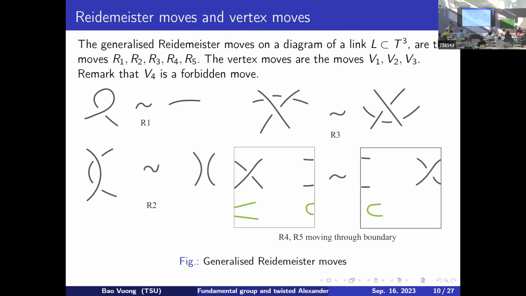For the Reidemeister moves, it is similar to what Professor Sophia talked about today in the morning. She considered some Reidemeister moves, that is, moves where the crossing and the curves are moved via isotopy of the surface across the fundamental domain of the periodic pattern that she considered.